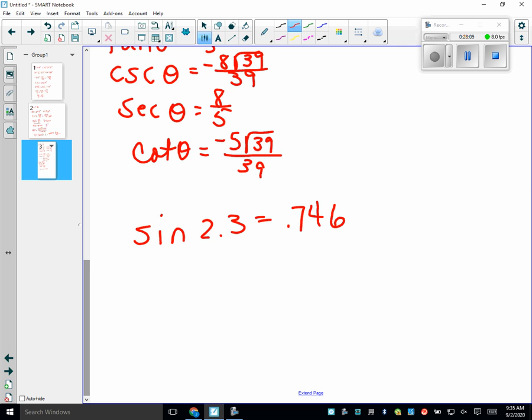Since we put it in as a decimal, do we have to change the settings on our calculator? No. But did anybody check to see if their calculator was in radian mode? How do you check that again? Mine just stays in gradient. No, it doesn't, because there are certain things you do on the calculator that will flip it.